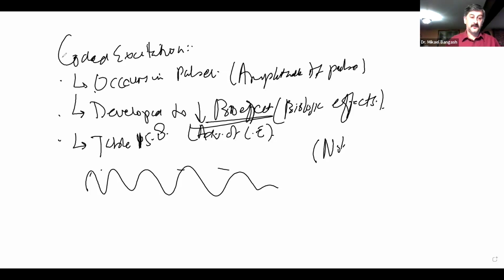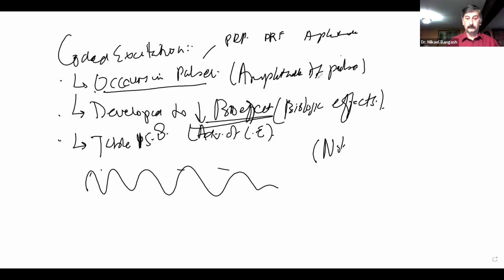Okay, guys. So these are just the 3 points that you need to know. That coded excitation occurs in the pulse, and primarily deals with the amplitude of your pulse. If you remember what a pulser did, it sets the PRP, and based on that determines the PRF and your amplitude.